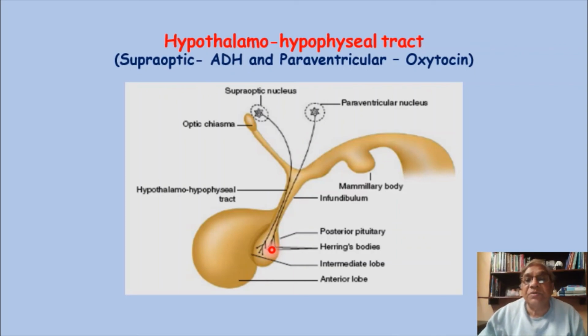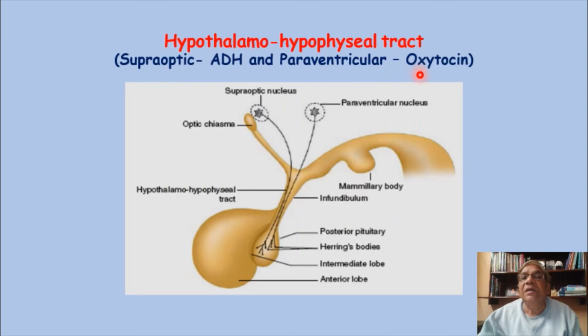Now the antidiuretic hormone acts on the kidney to retain the water, that's why it is called antidiuretic. And oxytocin acts on the smooth muscle and helps during childbirth, where powerful contraction of the uterine musculature is needed.